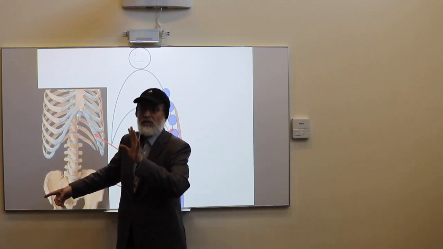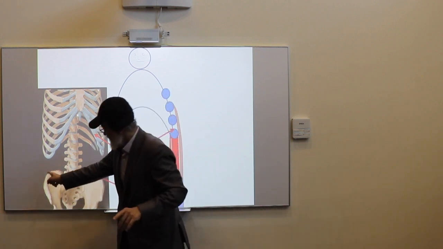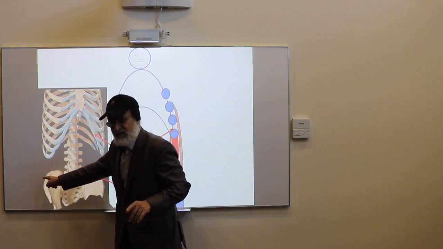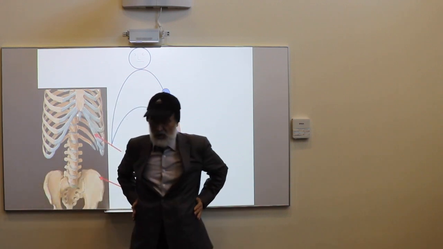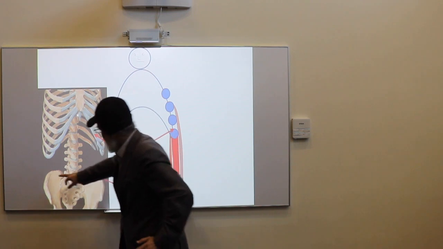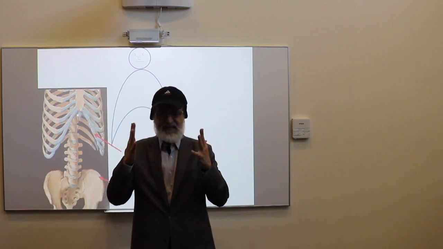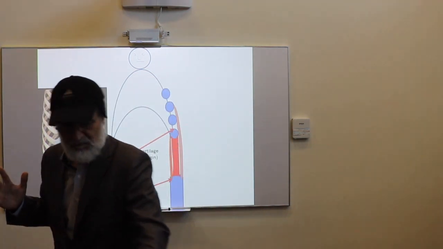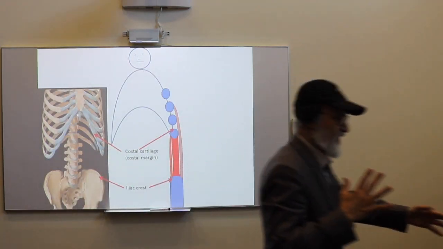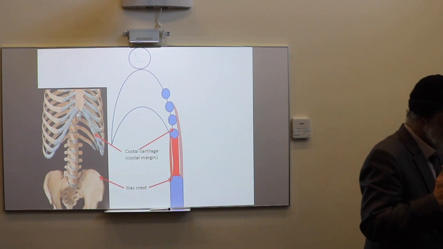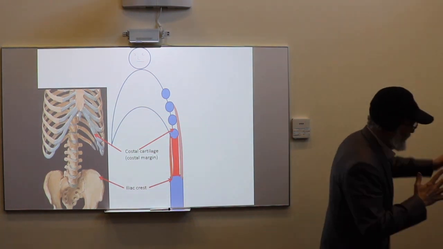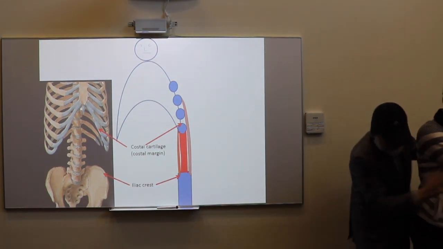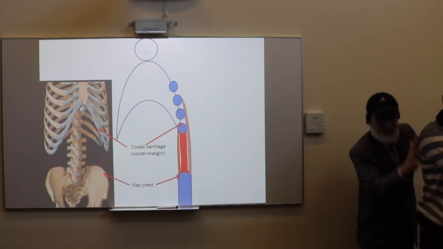Internal oblique, I always like to simulate it to this. It is attached to this crest, going from this crest like a sun. You know sun? Somebody who is free can stand up. Can you stand up, please? Internal oblique, I'll put it here like a sun, like this.